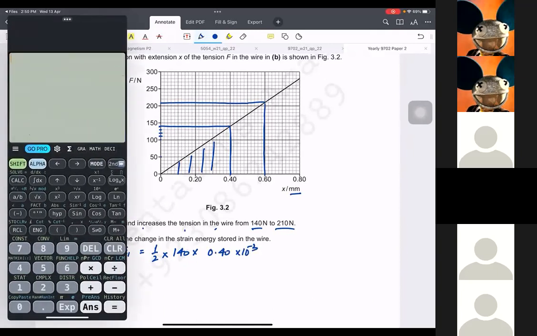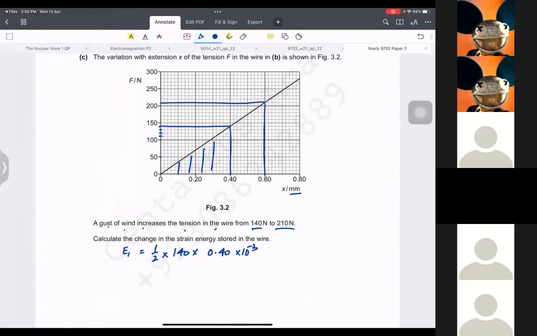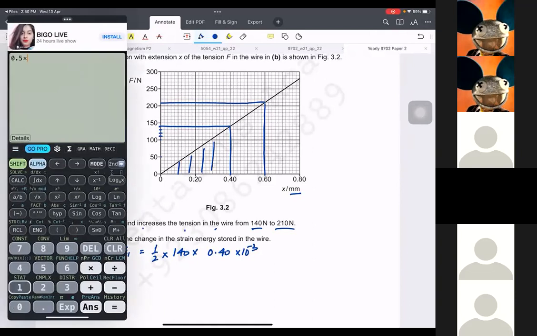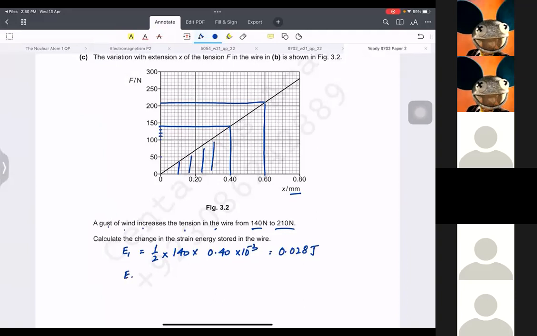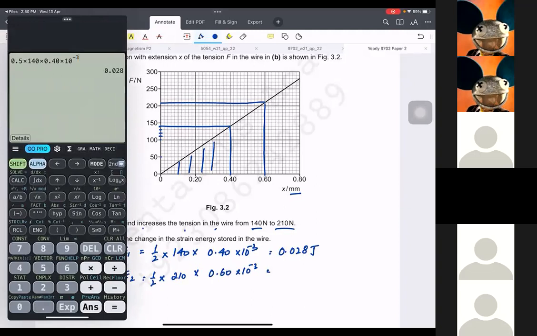Let's do it. 140 times 0.40. So this is giving me 0.028 joules. And then I'm going to find energy 2. That was half times 210 times 0.60 times 10 raised to minus 3. Okay.